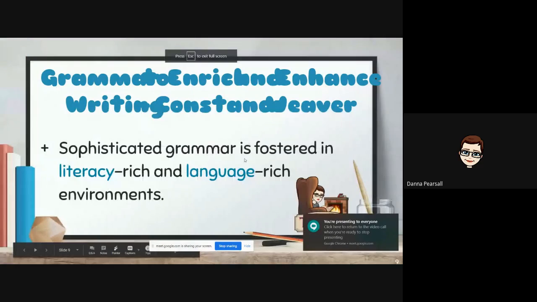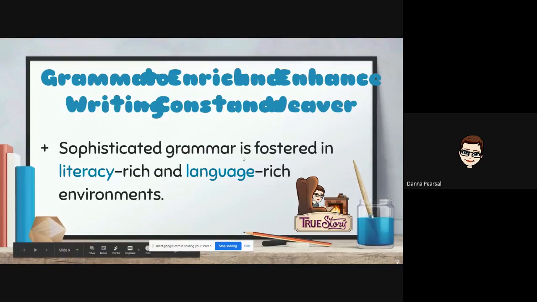Okay, so sophisticated grammar is fostered in literacy-rich and language-rich environments. So in a minute, I'm going to show how we can talk to students about the grammar that they see in the writing that we assign, whether it be fiction, nonfiction, whatever. So that's what it means by literacy rich.